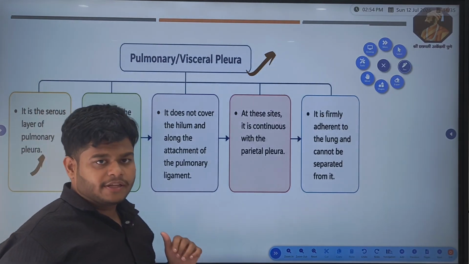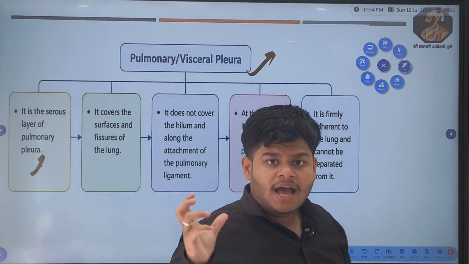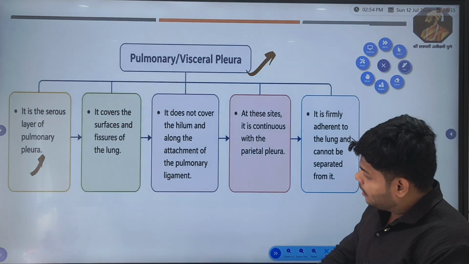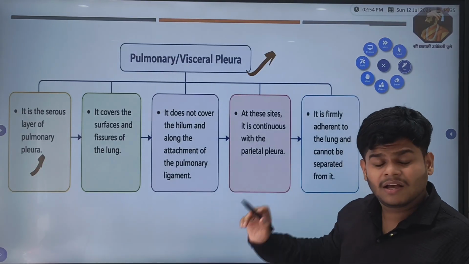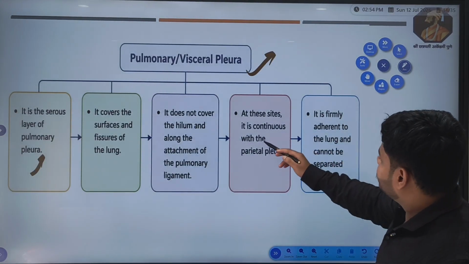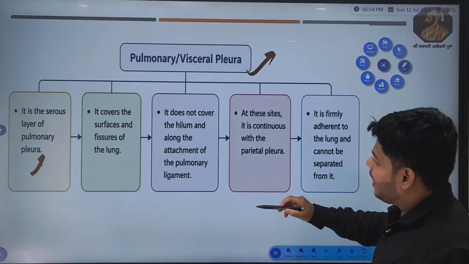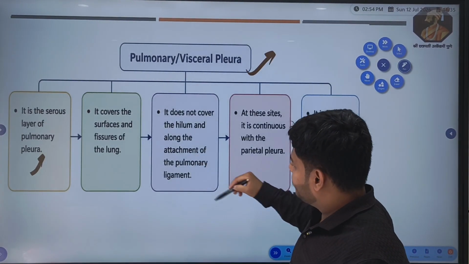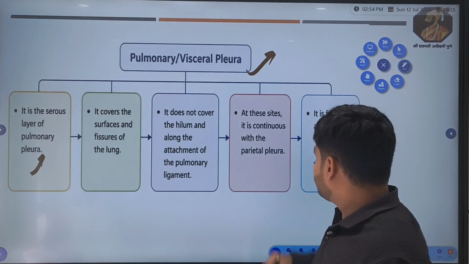Pulmonary ligament is nothing but the extension of this pleura around the hilum of the lung. Here this visceral pleura is continuous with the parietal pleura.